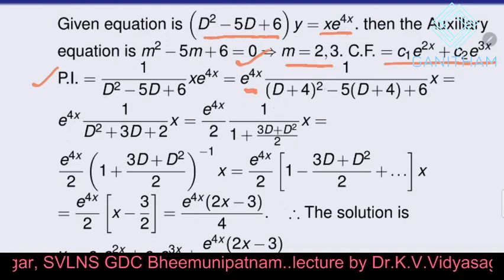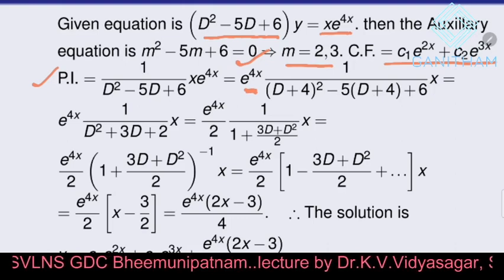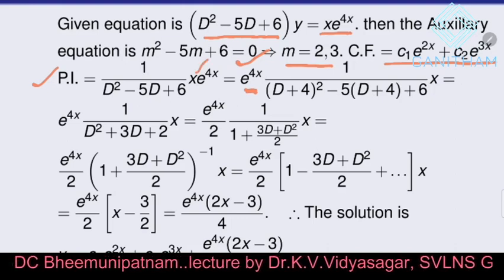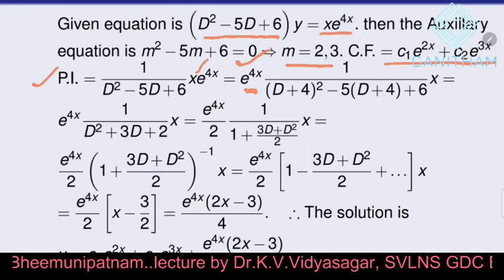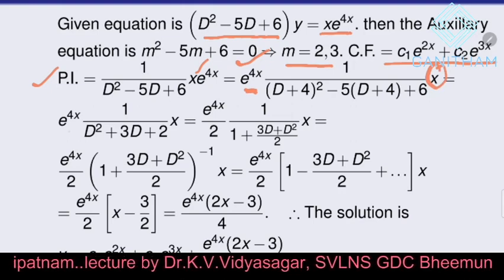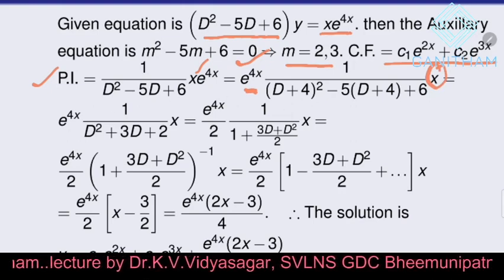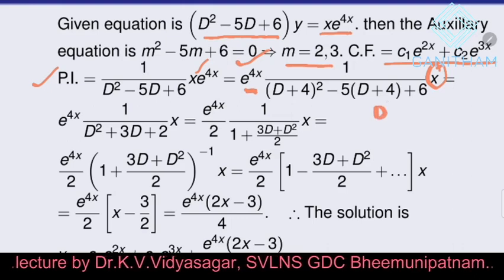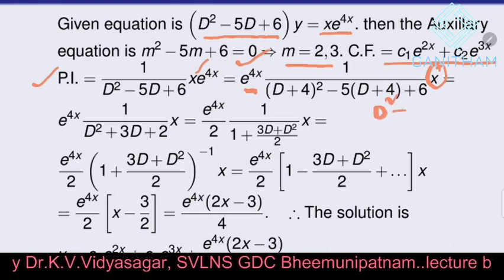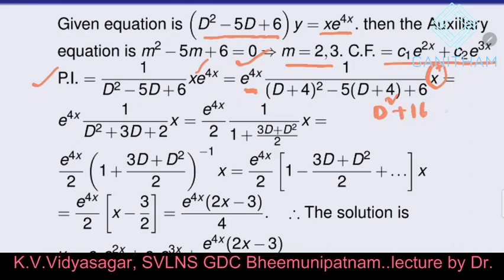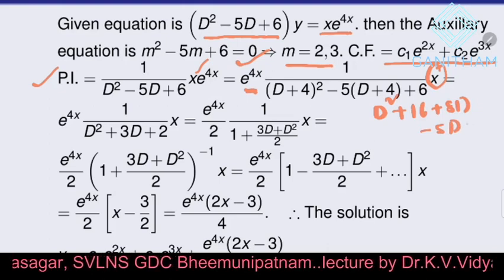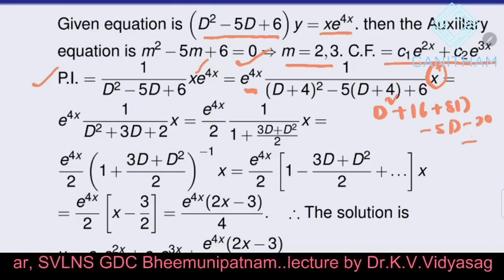So (D plus 4) whole square minus 5 into (D plus 4) plus 6 into x, the remaining value in e to the power of 4x comes forward, and V of x value is x. So this is equal to e to the power of 4x by 1 by D square plus 16 plus 8D minus 5D minus 20 plus 6.